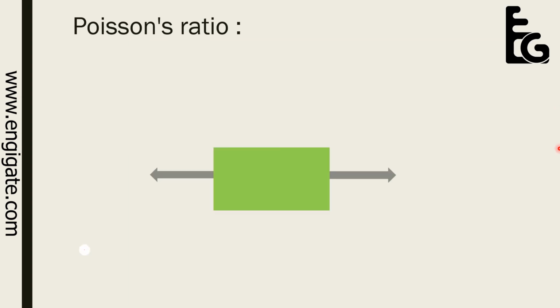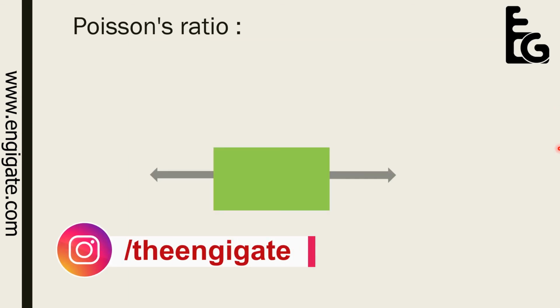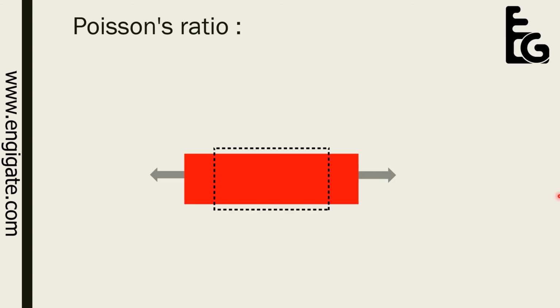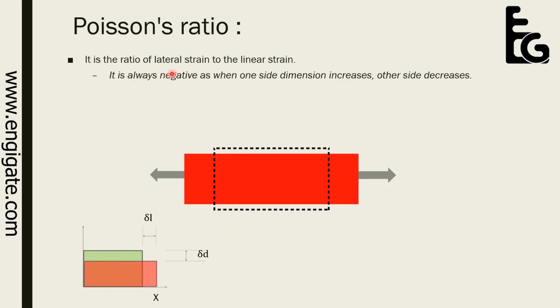When we apply load in outward direction, it will generate tensile stress. So length is going to increase and depth is going to decrease. So del L is the change in dimension in x direction and del D is the change in dimension in y direction. Poisson ratio is the ratio of lateral strain to linear strain. Linear strain is the strain in the direction of applied load, and lateral strain is the strain in another direction than applied load.